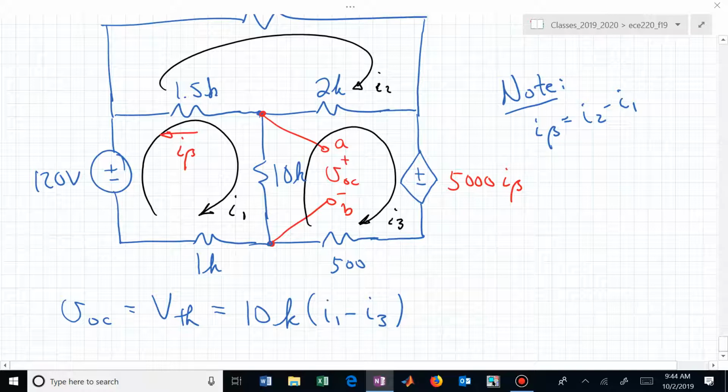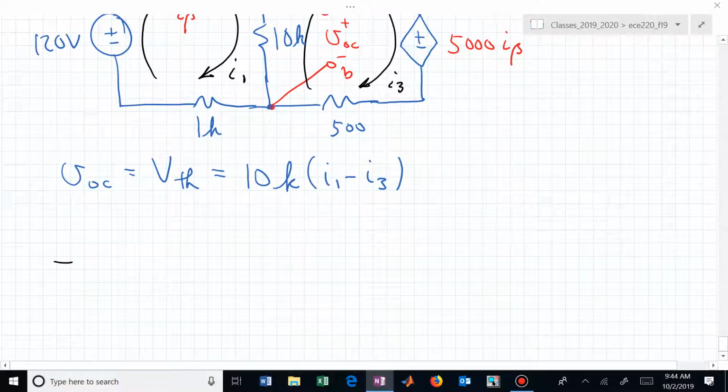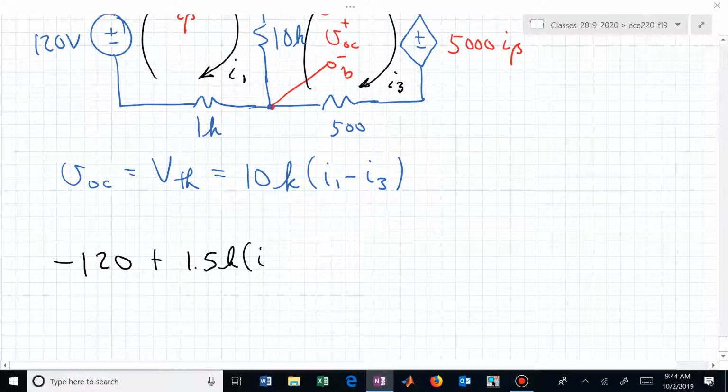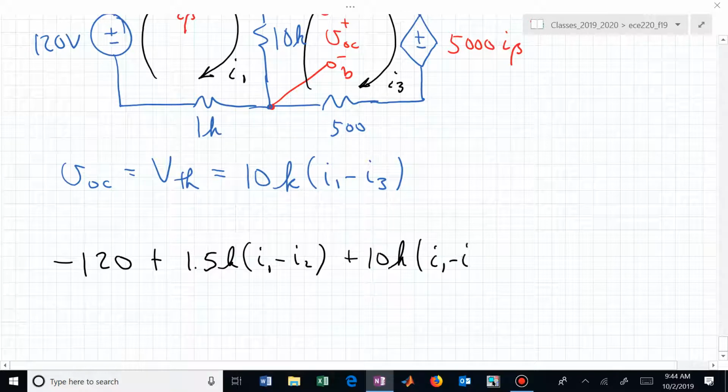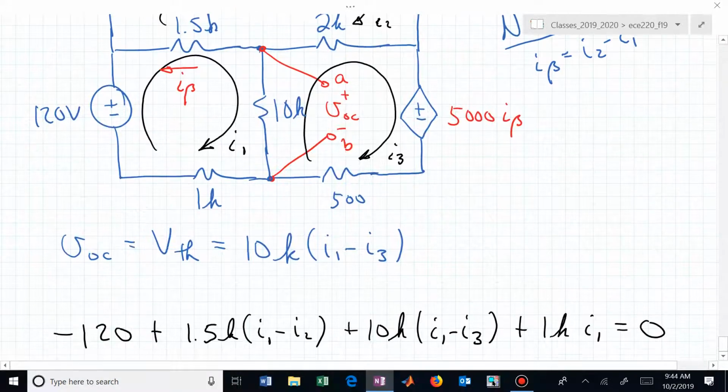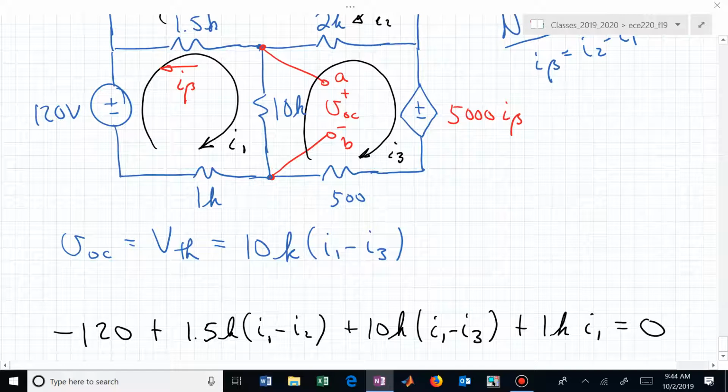I1 minus I2, 10K times I1 minus I3 plus 1K times I1. That's my first equation. I have minus 120 plus 1.5K times I1 minus I2 plus 10K times I1 minus I sub 3 plus 1K times I sub 1, and that's equal to 0. That's my first KVL written for mesh 1.